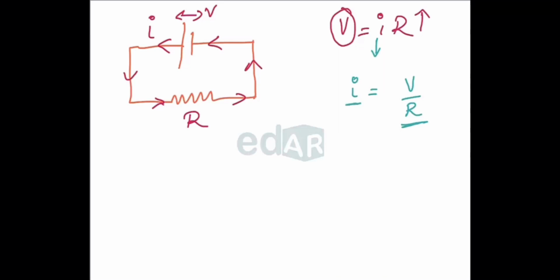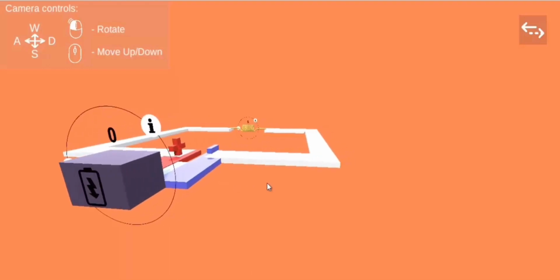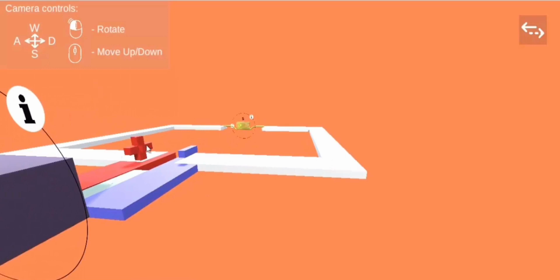Let us now look at this as a simulation. Now here in this simulation, we see that this is a battery, and if you can look at this, you see that this is the positive terminal and this is the negative terminal of the battery.